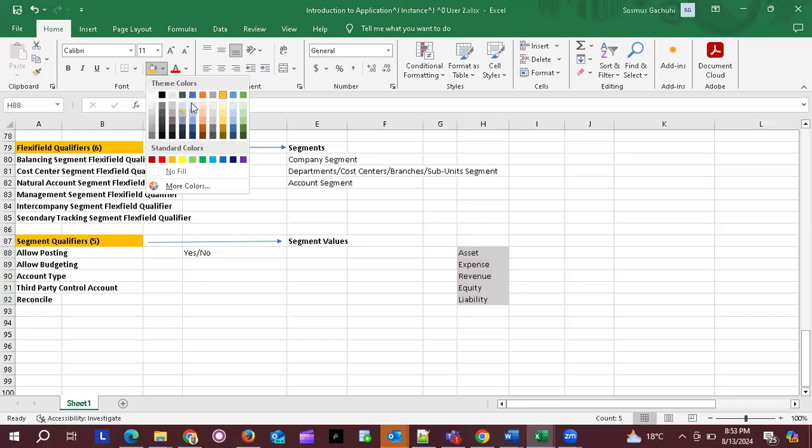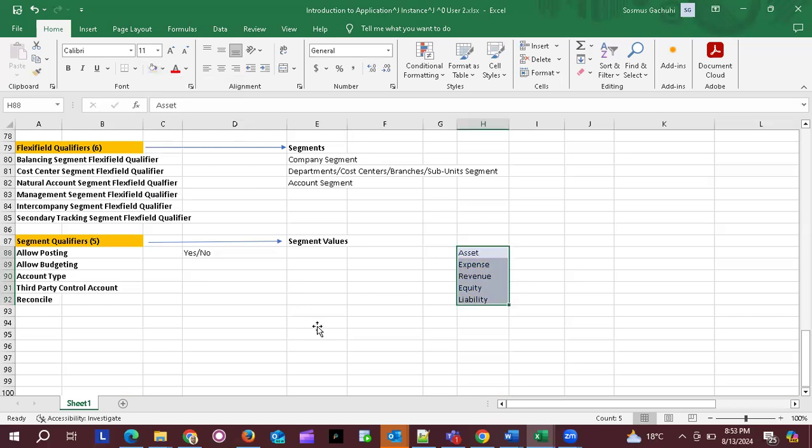When we are creating this account, you have to choose whether the account is an asset account, an expense account, a revenue account, equity, or liability. Equity, we also call retained earnings.